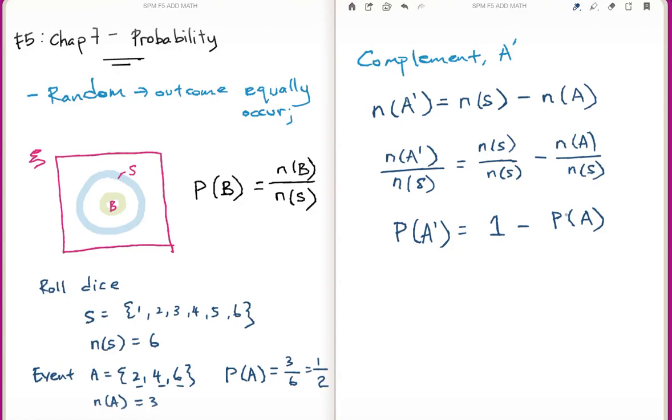This is the second thing that you will learn, the complement.